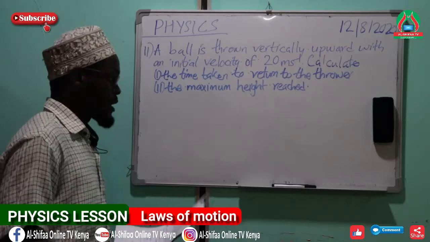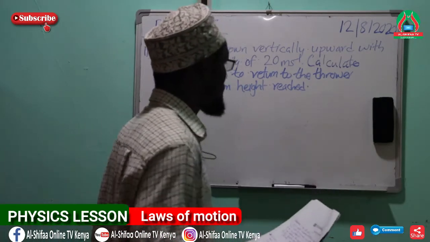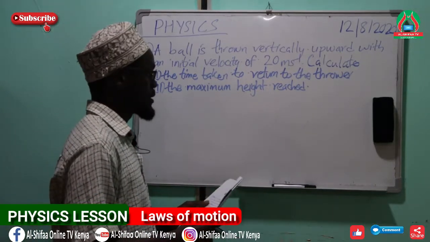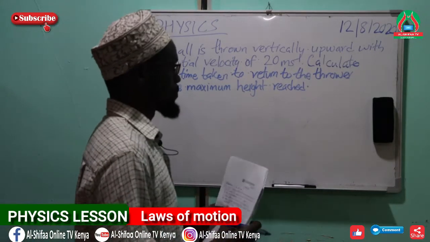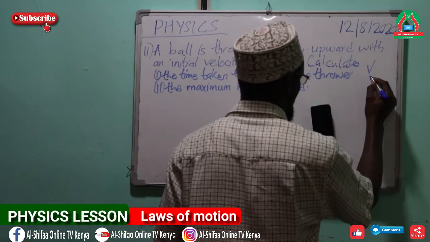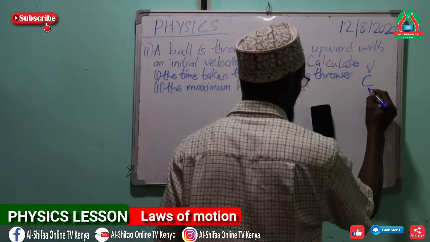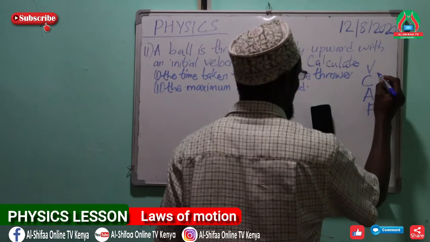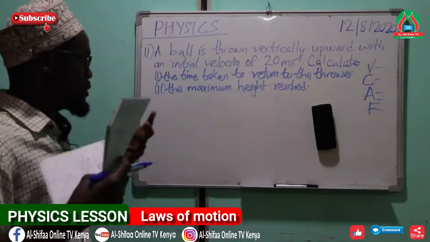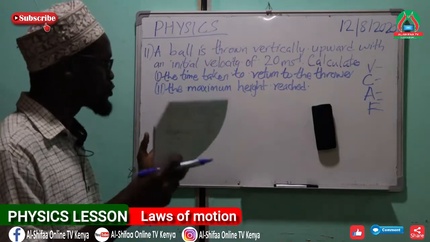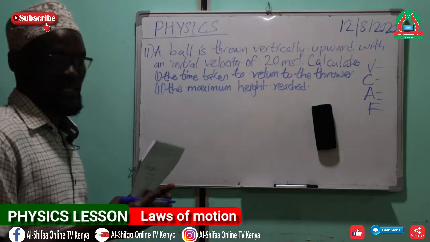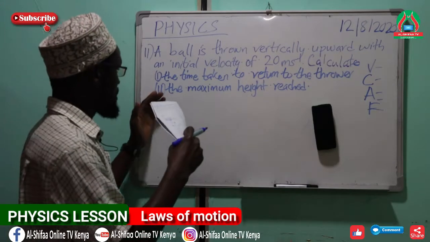As when we started our physics lesson, I emphasized that I'll be using a four-step skill, denoted V, where V stands for visualize. When you are given a physics question, first you visualize by drawing a sketch of the problem.